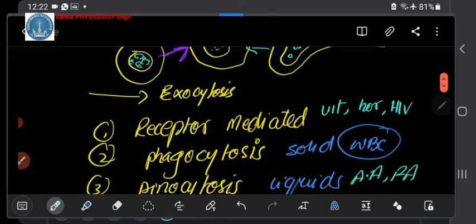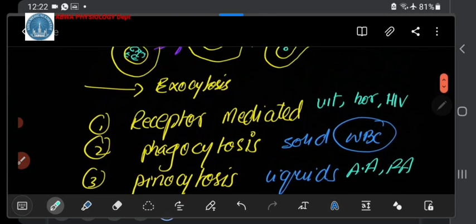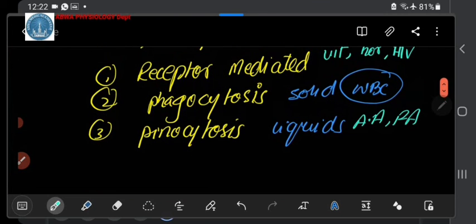Basically these are the different subtypes of endocytosis for specific molecules and amounts that are handled in the daily routine of our body.